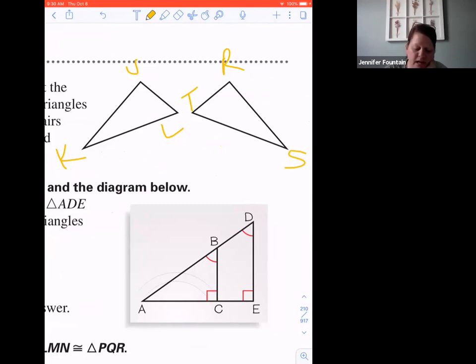We know that J and R are corresponding, so I can put my single arc there. K and S correspond, so I'm going to put 2 arcs there. L will have 3, T will have 3.